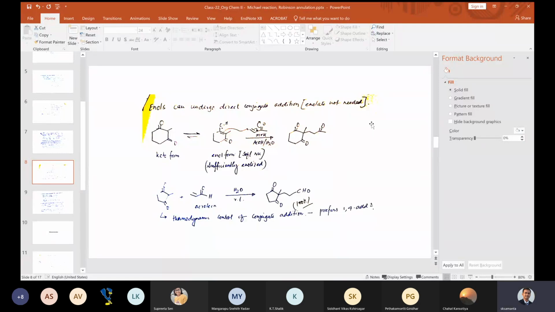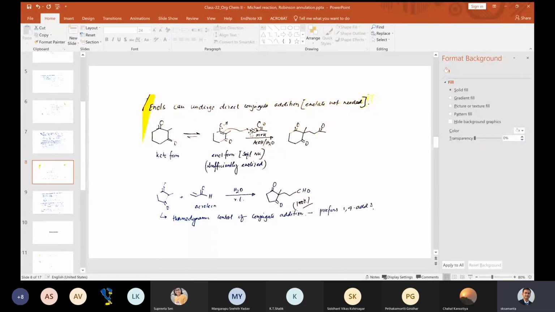Okay. In this case, if we take the six-membered ring, then obviously it forms this enol form, because it has two keto groups. That means the acidity of this hydrogen atom here is highly acidic in nature, so it could easily form an enol form.